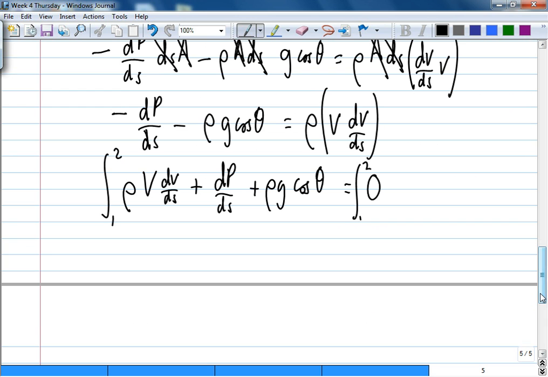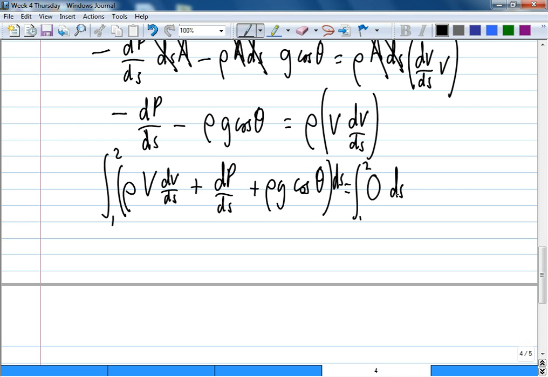So integrate this with respect to s. This ds will cancel out this ds, so it's just v dv. The integral of v dv becomes v squared on 2.